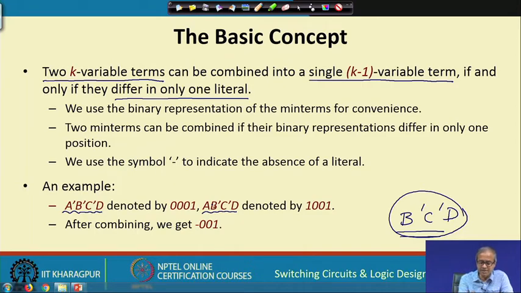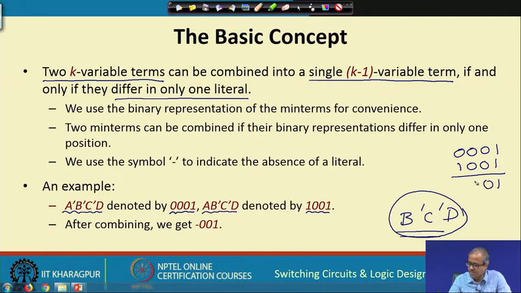For convenience, we use the binary representation. A bar, B bar, C bar, D we write as 0 0 0 1, where 0 means bar, 1 means uncomplemented. Similarly, A, B bar, C bar, D we write as 1 0 0 1. So, we have 0 0 0 1 and 1 0 0 1. Wherever there is common, you keep them unchanged, and wherever they are different you put a dash.